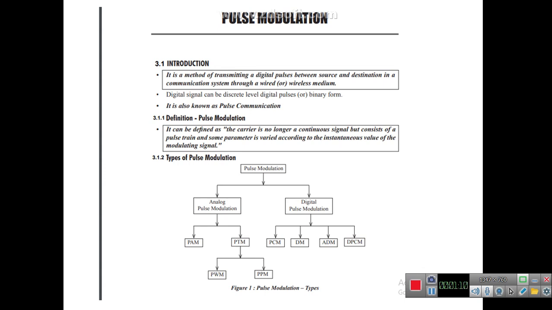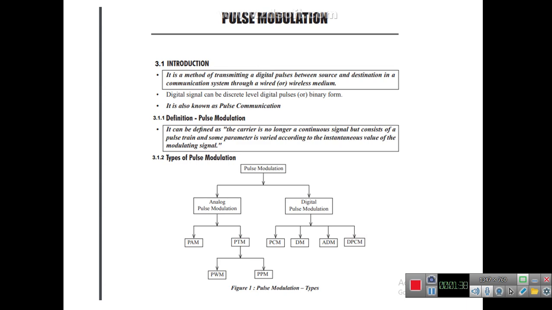Then the types of pulse modulation. Pulse modulation is classified into two types: analog pulse modulation and digital pulse modulation. Analog pulse modulation is a continuous signal. It can be classified into two types, PAM and PTM. PTM is again classified into two types: pulse width modulation and PPM, which is pulse position modulation.